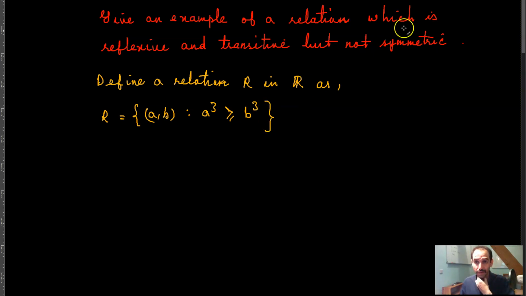Now we want to show that this is reflexive and transitive but not symmetric, right?